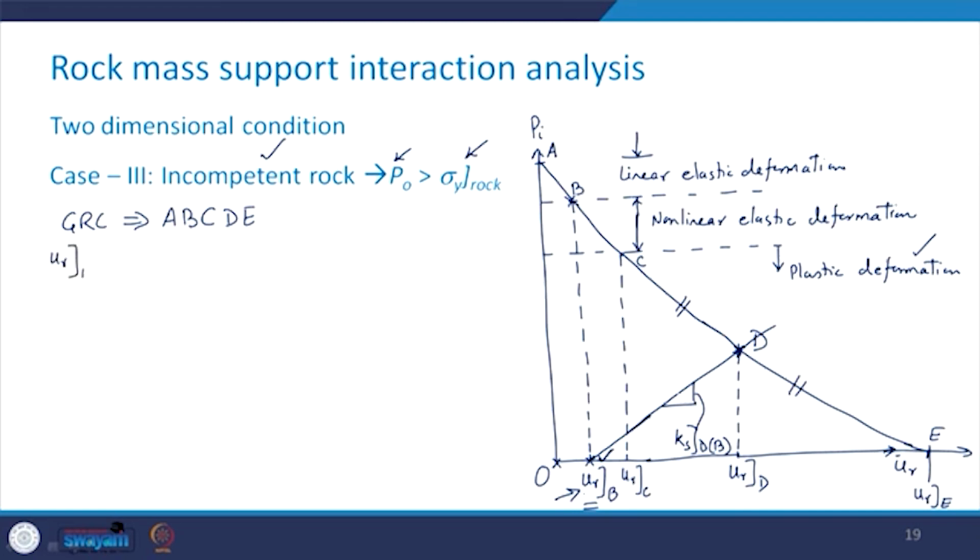UR at B is much less as compared to UR at point E. And even if you take a look at this figure, even URC is quite less than URE, because this URE is quite large deformation.